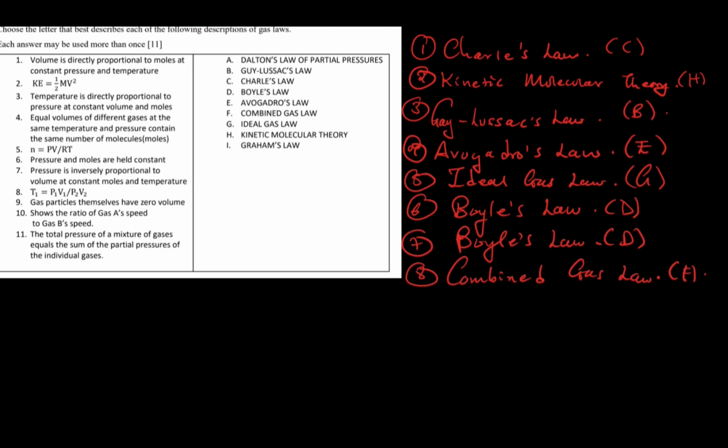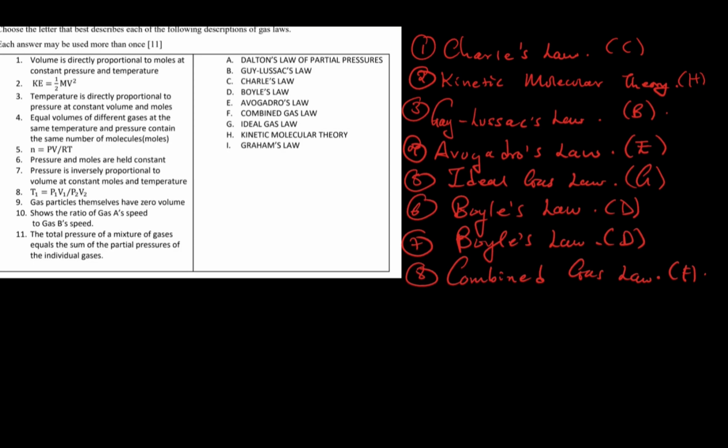The combined gas law is a combination of Boyle's law, Charles' law, and Gay-Lussac's law. It relates the pressure, volume, temperature, and the number of moles of the gas when all other variables are changing. Be mindful about that.